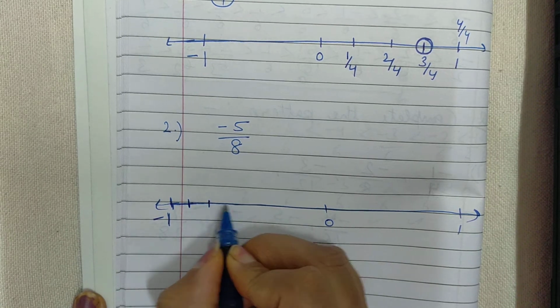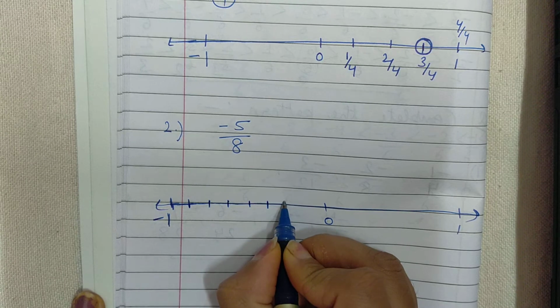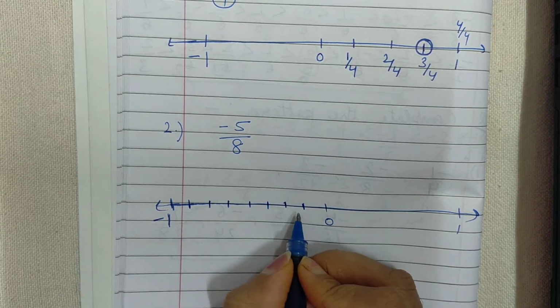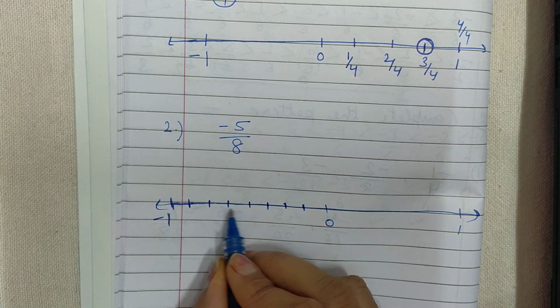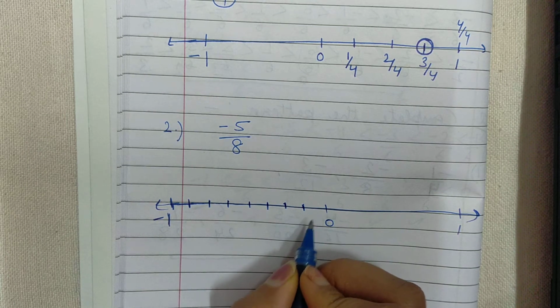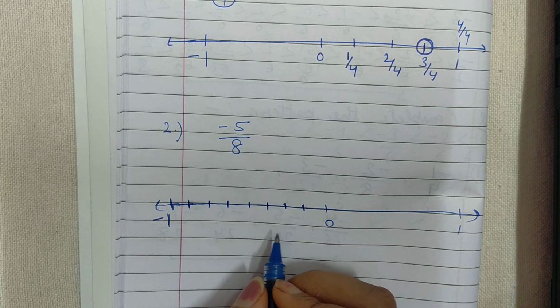1, 2, 3, 4, 5, 6. 1, 2, 3, 4, 5, 6, 7, 8. So we have divided it into 8 equal parts.